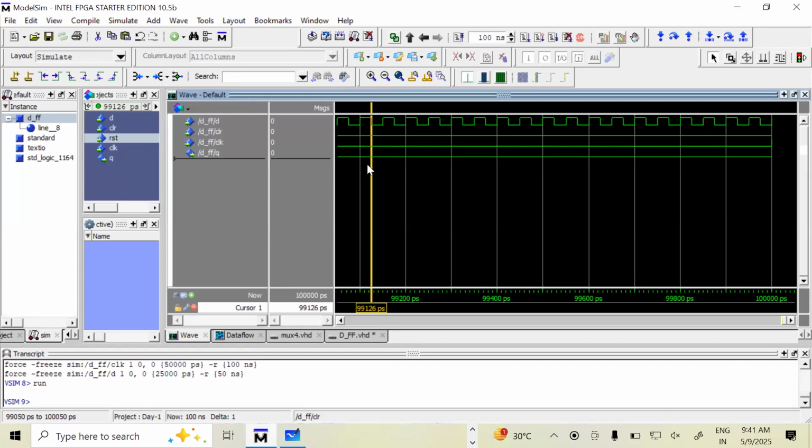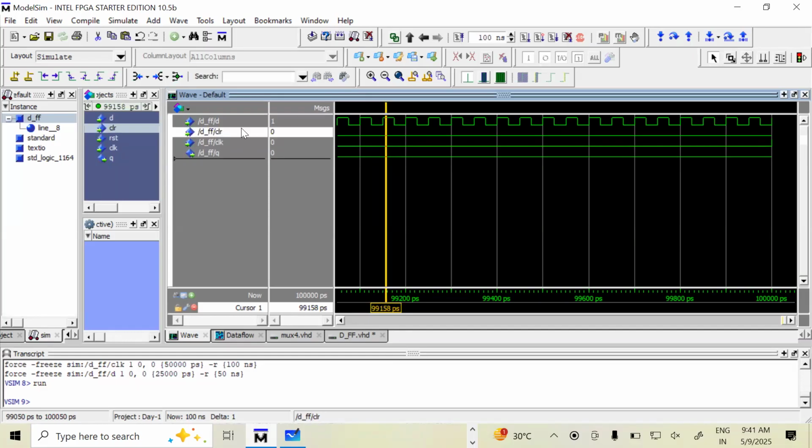It will be removed. Now try to see here, since CLR is 0, clear is 0, and clock is applied.